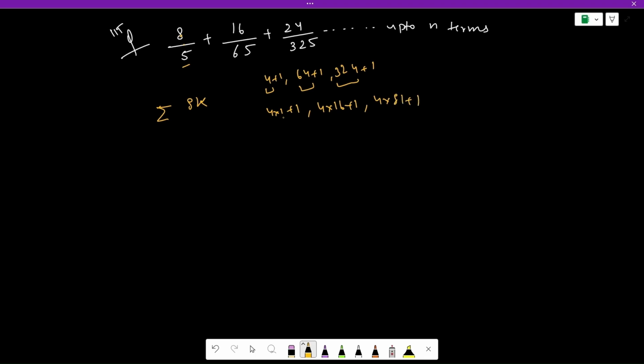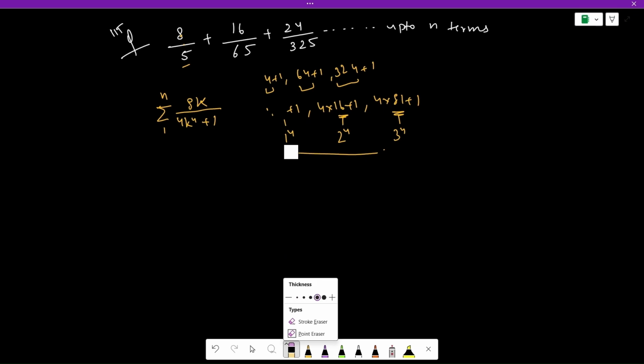Now how this relates to the numerator is that here we have 1, here we have 16. So this is 2 to the power 4, this is 3 to the power 4, and we can write it as 1 to the power 4. Now I hope you can see what we need to write in the denominator, that is 4k to the power 4 plus 1, and limits are from 1 to n.